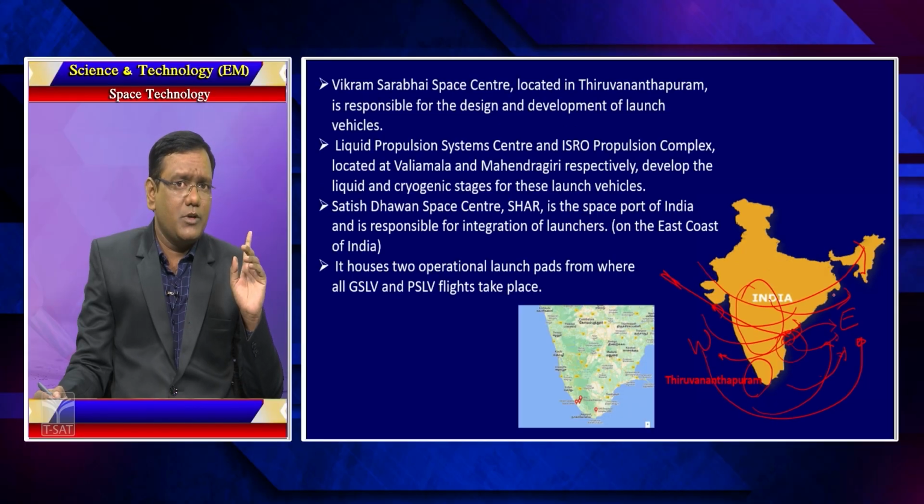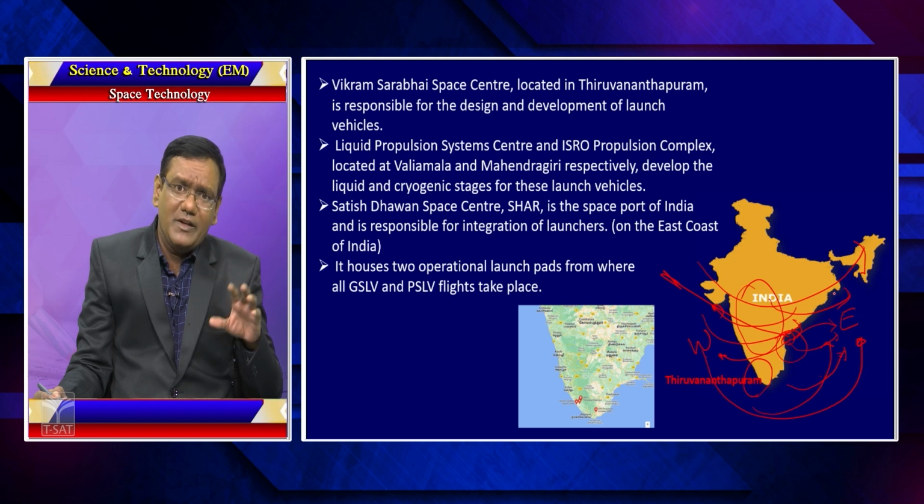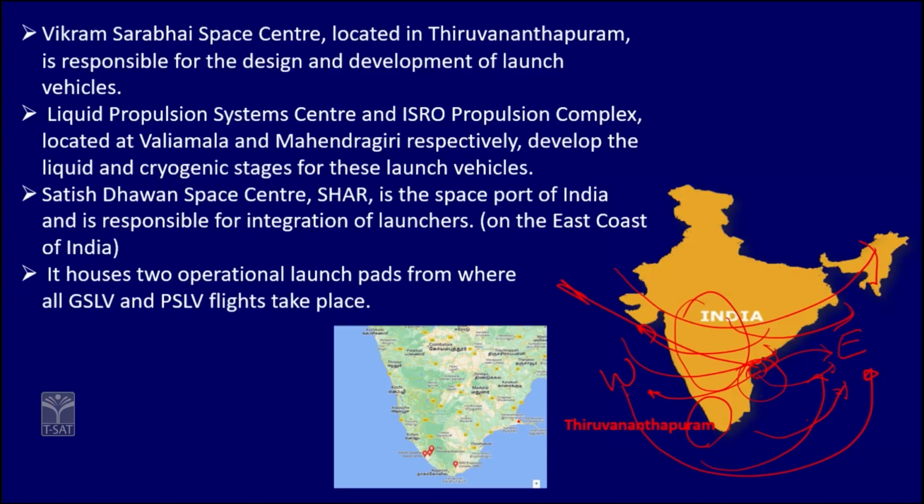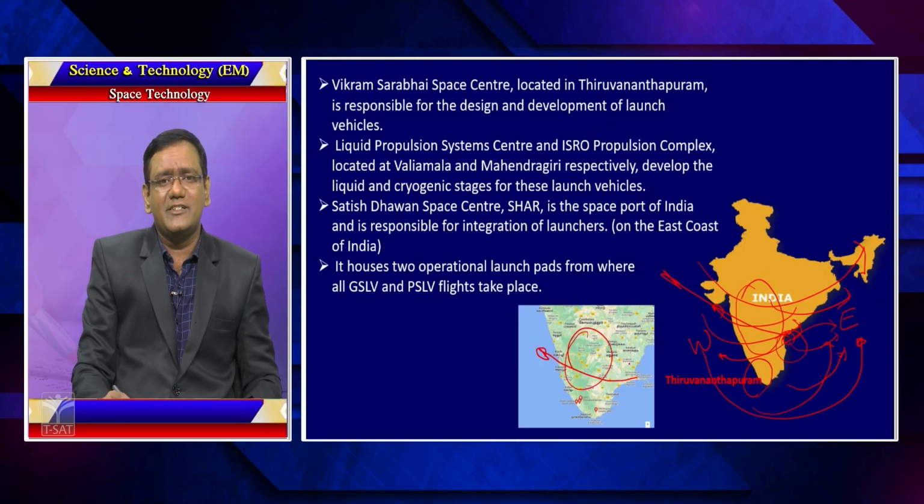There we were talking about how the completely exhausted fuel tanks detach from the launch vehicle. Those detached parts will fall down. If a satellite moves in this direction and then the detached parts fall, they would fall on the earth itself.